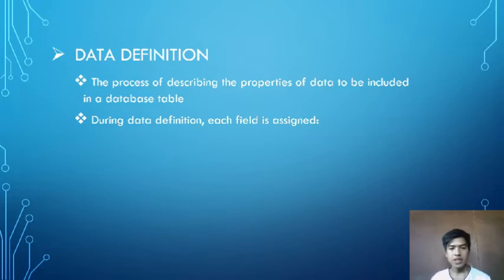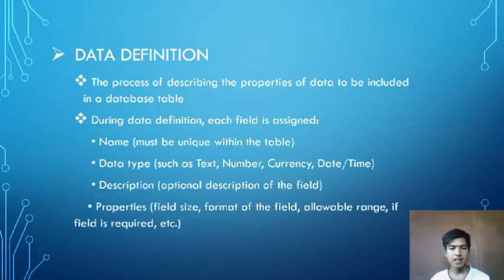During data definition, each field is assigned a name. The name must be unique within the table, must start with a letter, and must not contain spaces or reserved words. Then the field is assigned a data type, such as text, number, currency, date, or time.